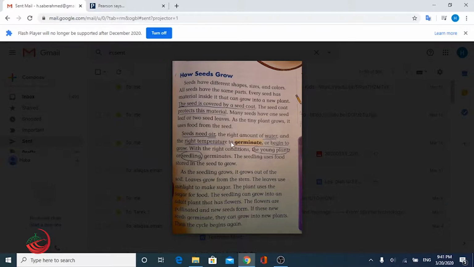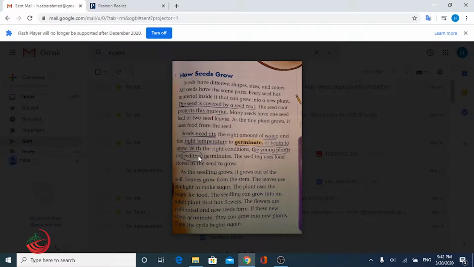Germinate is a highlighted word, which I have to memorize. What's the meaning of germinate? Who's smart enough to tell me? Yes, begin to grow. This is a scientific expression that we should memorize. Germinate or begin to grow.